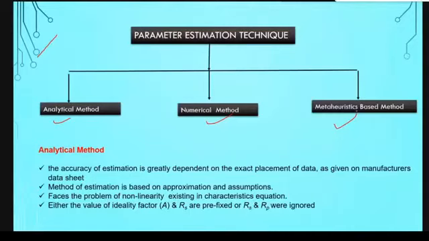The second method is the numerical method, or you can say iteration technique, like the Newton-Raphson technique and the Gauss-Seidel technique. You may apply these techniques. But here there are 5 unknown parameters, and in the Gauss-Seidel and Newton-Raphson methods, you have to take an initial guess, and the assumption of the initial data is again a big challenge for your parameter estimation technique.